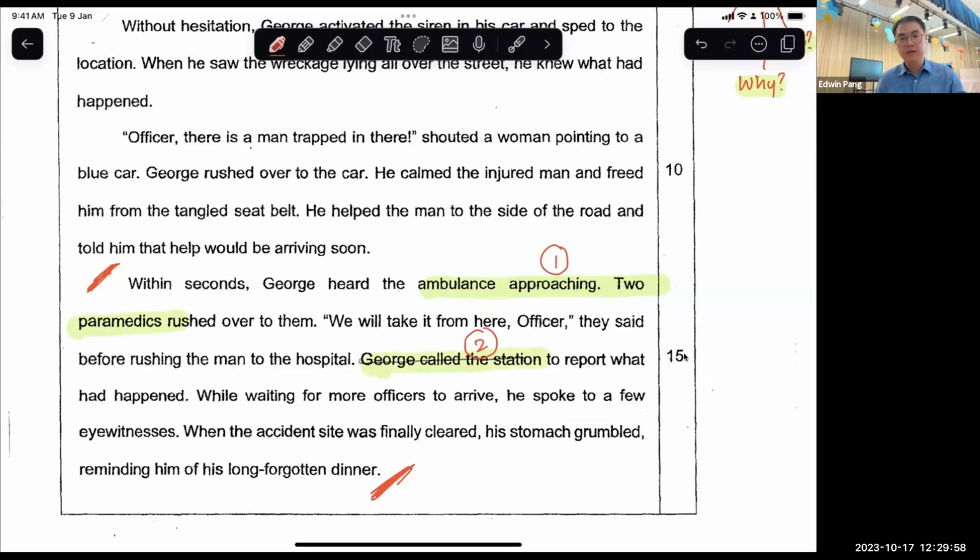So first the paramedics arrived, then George called the police station to report what happened, and then while he was waiting for the police officers to arrive, he spoke to a few eyewitnesses. So this is number 3. Have you highlighted and numbered 1, 2, and 3?